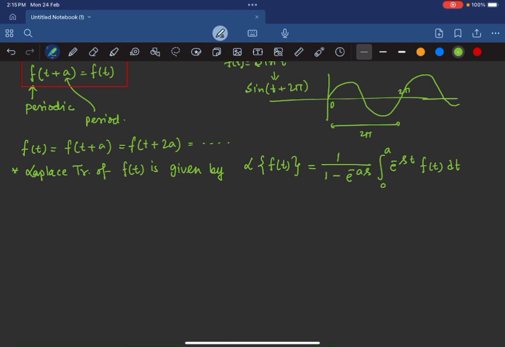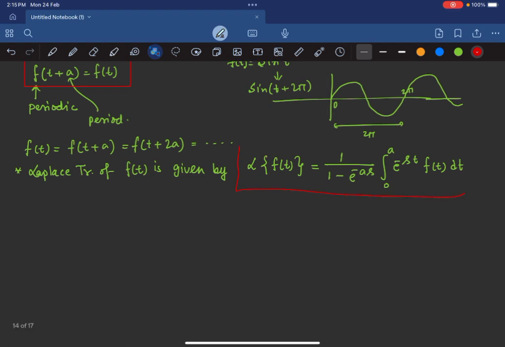This will be the formula for the Laplace transformation. Okay, so you can note down this formula, that is for a periodic function where a is the principal period, or generally we call it the period.